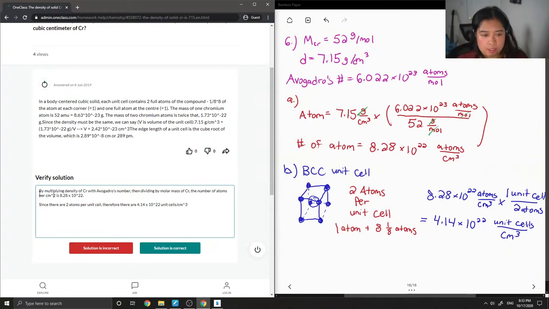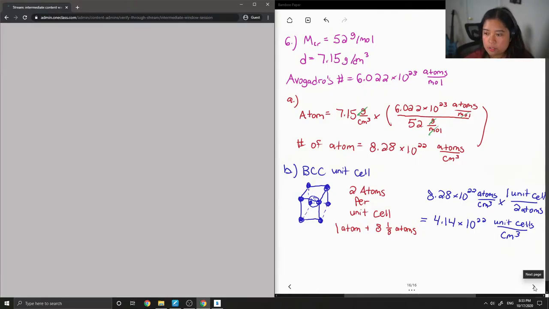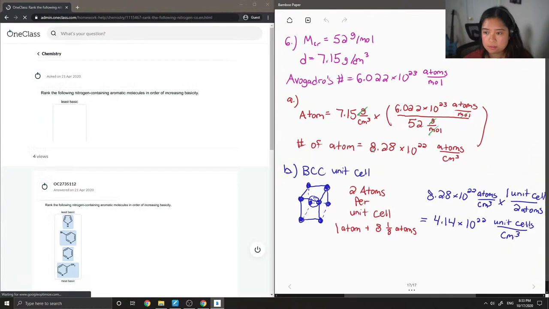I said by multiplying density of chromium with Avogadro's number, then dividing by the molar mass of chromium, the number of atoms per centimeter cubed is 8.28 times 10 to the 22. Since there are 2 atoms per unit cell, therefore there are 4.14 times 10 to the 22 unit cells per centimeter cubed. So the solution was incorrect for that question.